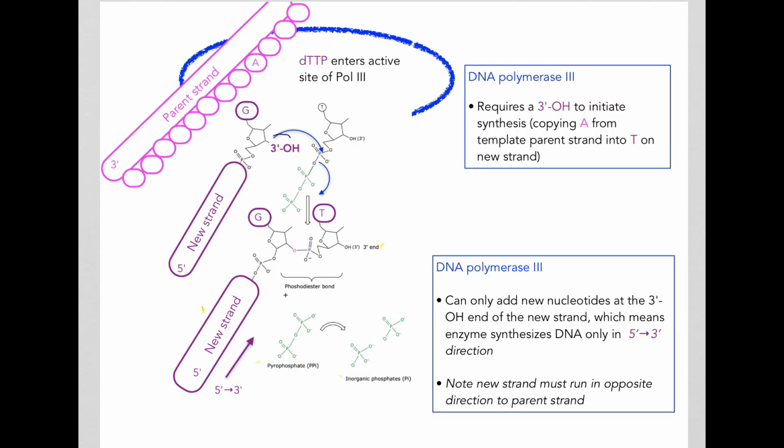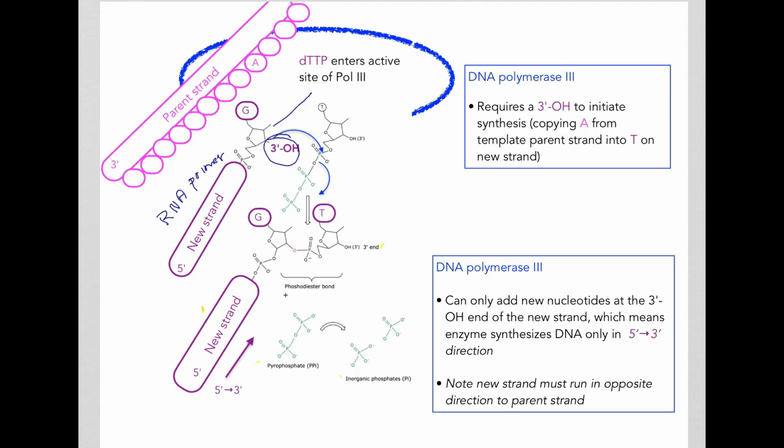So initially, this 3' hydroxyl group will come from an RNA. We call that the RNA primer. So initially, this DNA polymerase will start copying the template strand using an RNA primer.